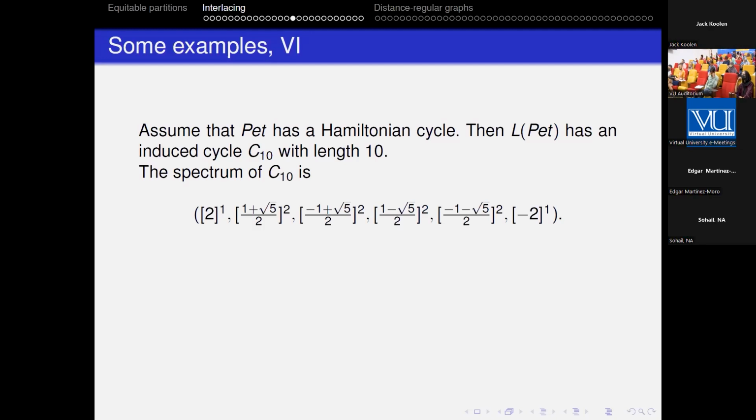I will not show this; if you don't believe me, check yourself that this is the spectrum. But then the 7th largest eigenvalue of the line graph of Petersen is -1. And that's smaller than (1 minus square root of 5) over 2, because square root of 5 is 2.25 or so. So that's minus 1.2, and then you divide by 2, which is something like minus 0.6.